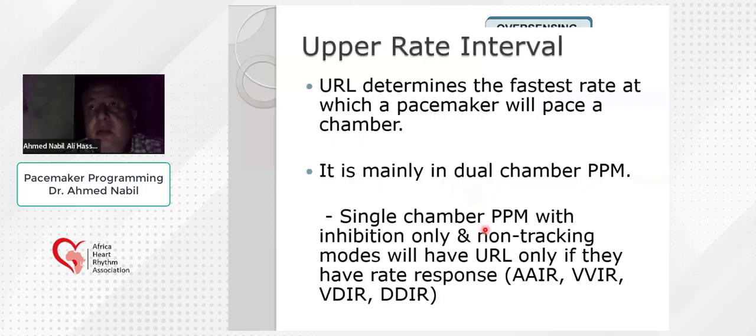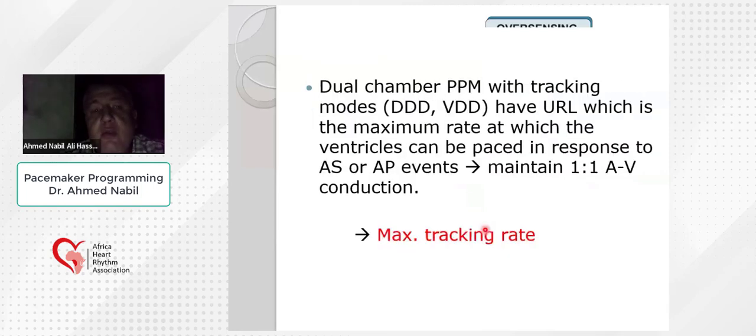Regarding the upper rate interval, it is not there in single chamber pacemakers like AAI or VVI, and it is mainly in dual chamber pacemakers. In adjusting the upper rate interval, we have two parameters that are adjusted, which are the maximum tracking rate and the maximum sensing rate.